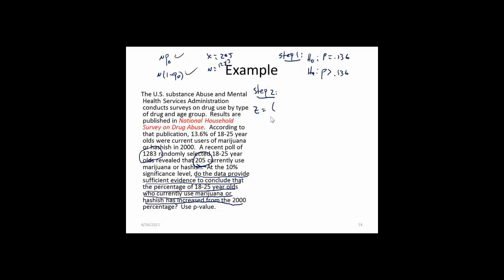So z equals our p hat, 205 divided by 1283, minus p under the null hypothesis, which is 0.136, times the square root of n, so that's the square root of 1283, divided by the square root of 0.136 times 1 minus 0.136.